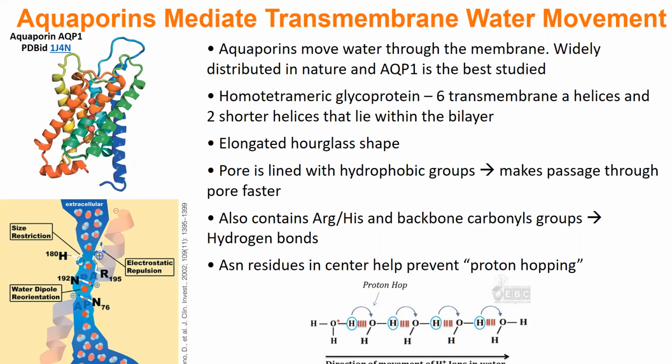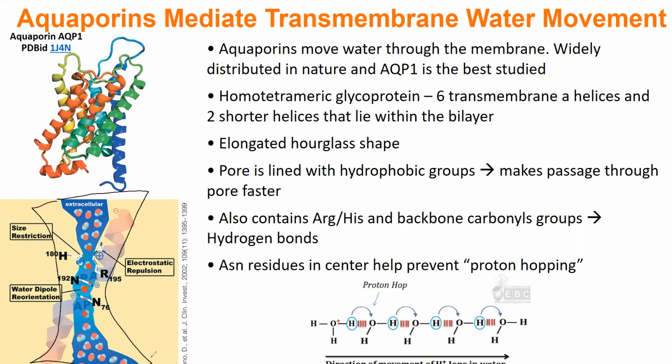And when we do this, we have 6 transmembrane alpha helices and 2 other helices that go right through the bilayer. Look at it as in the picture in the bottom left. It kind of looks like an hourglass. You can kind of imagine that.